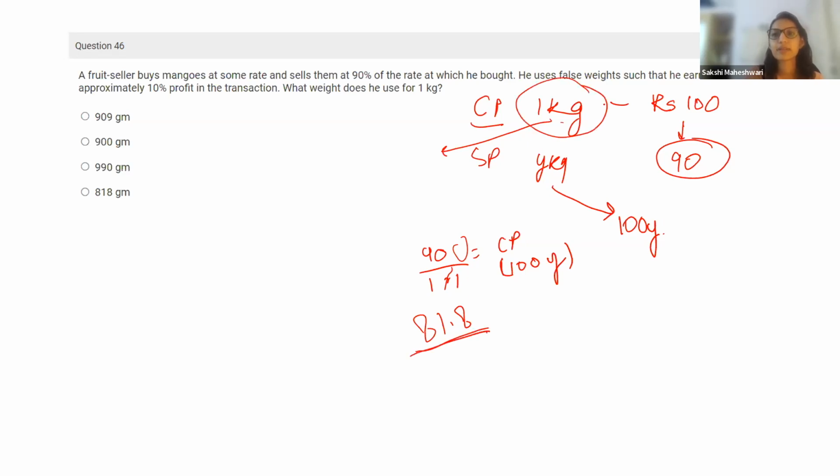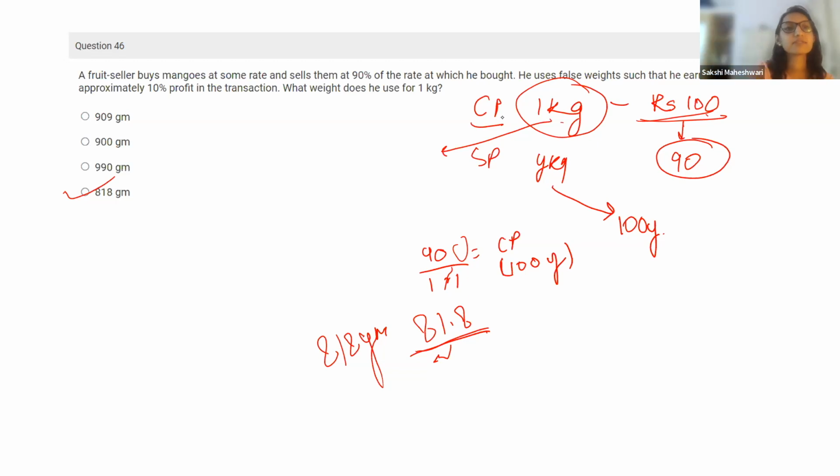Now we assume that for 1 kg he's selling, he's getting a CP of 100 rupees. So for 81.8 rupees CP, he'll sell how many grams? 818 grams. Are you getting this? This was simple. Yes? Guys, come on. We need some more energy.